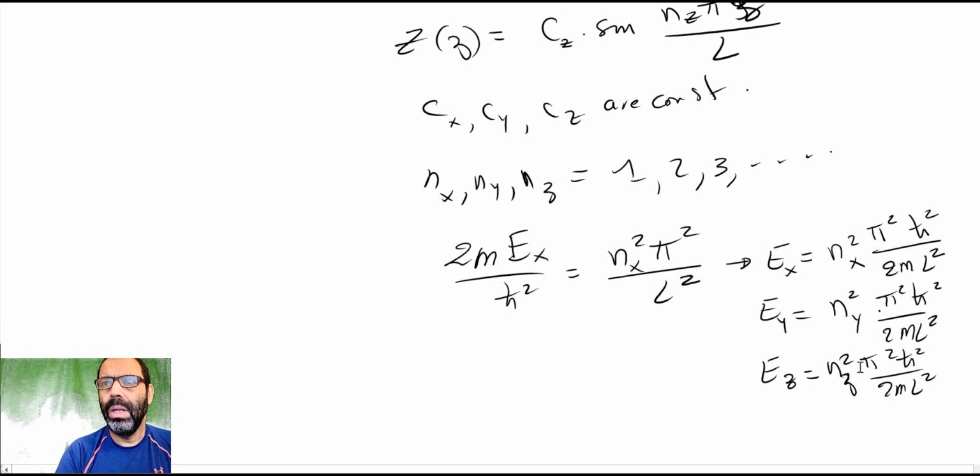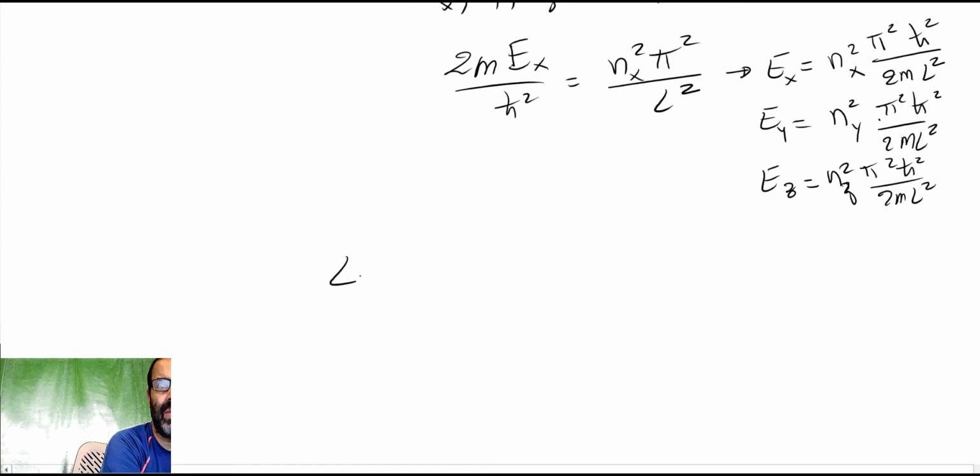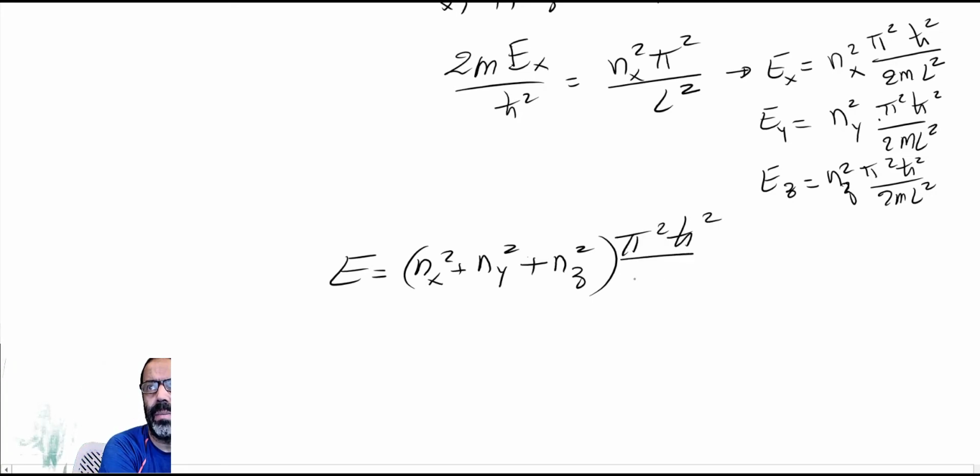Now what we need actually from this problem is the energy of the system. The energy of the system is going to be E, which is nx squared plus ny squared plus nz squared times that term, pi squared h bar squared divided by 2mL squared.